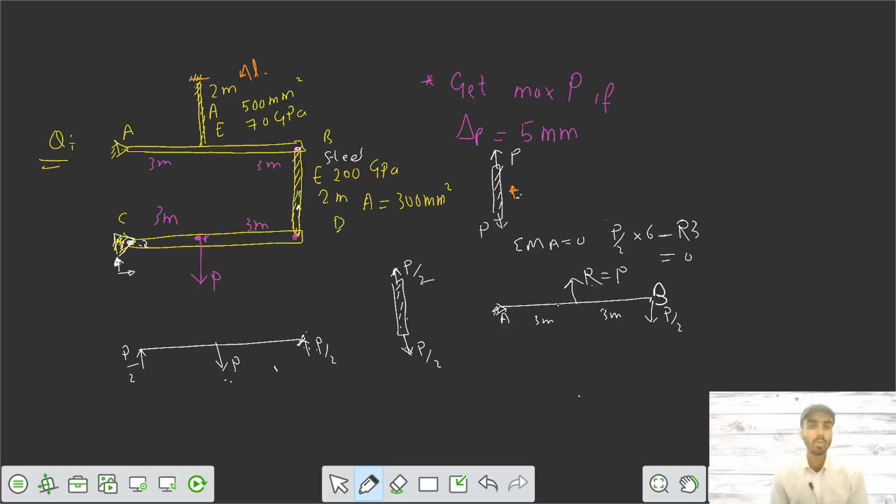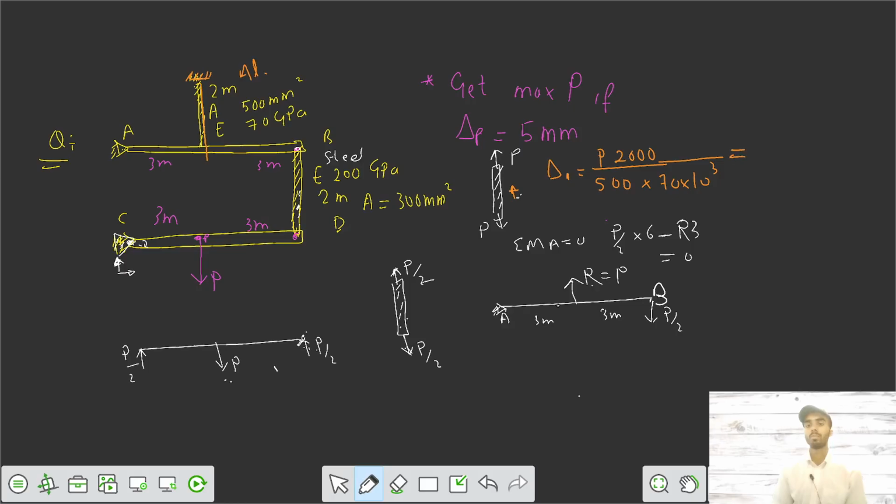Since at the top support is fixed, it won't allow to go up. So this bar made up of aluminum has to go downwards by some deformation equal to delta 1. Delta 1 is P, length is 2 meter, PL by AE, area is 500, and E is 700 into 10 to the power 3 megapascal, gigapascal into megapascal.